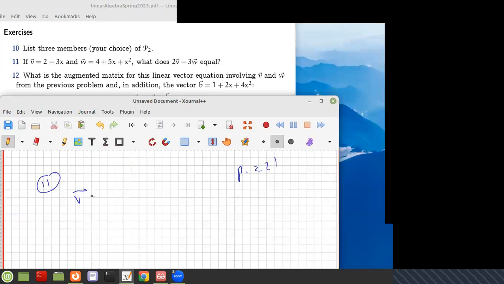You have V equals 2 minus 3x, W equals 4 plus 5x plus x squared. What is 2V minus 3W equal to? So write down, calculate the answer, and then raise your hand when you have the answer.